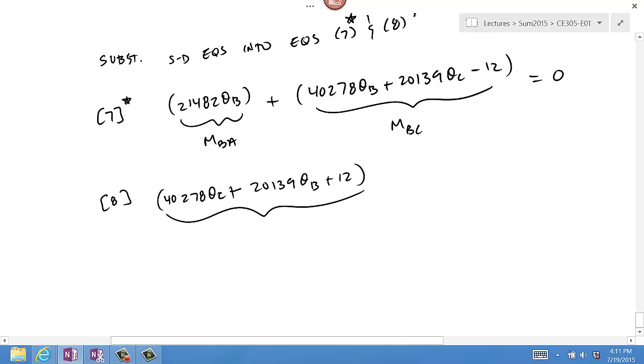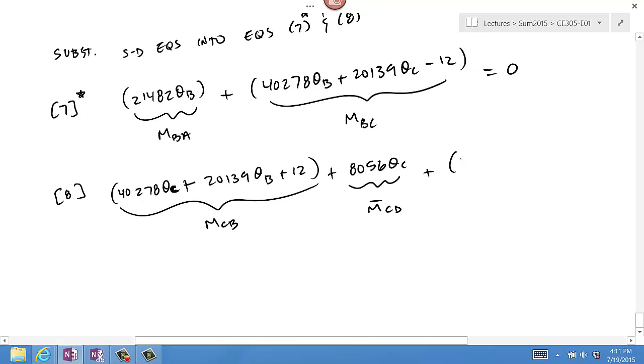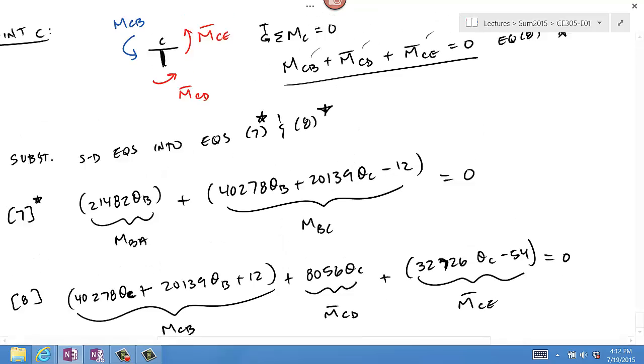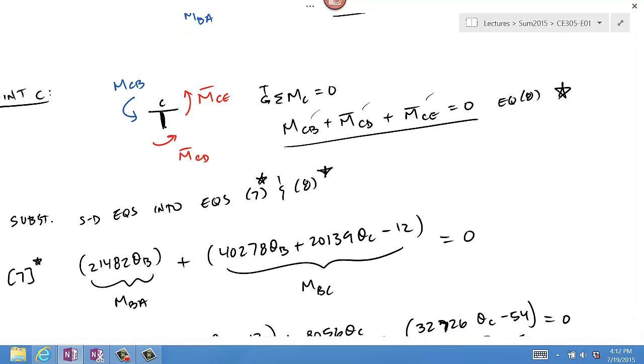This is MCB, plus M bar CD is 8056 theta C. And then the last term is 32726 theta C minus 54. This is M bar CE, equals 0, because of the equilibrium equation there.